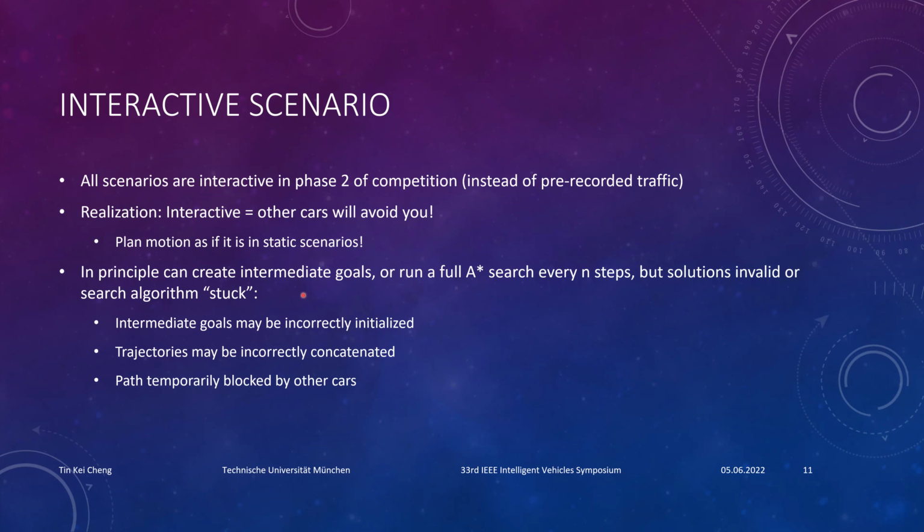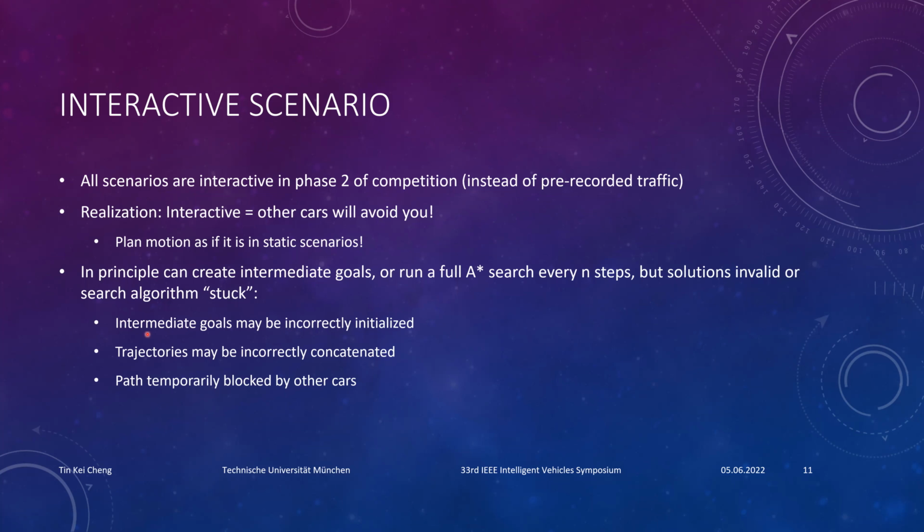Although I actually implemented that I can create some intermediate goals, because we have this route planner that is somewhat high level. We can create some intermediate goals for the vehicle to follow, or we can do a full A-star search every n steps of the simulation, and react to the other traffic participants. But it's working kind of poorly.